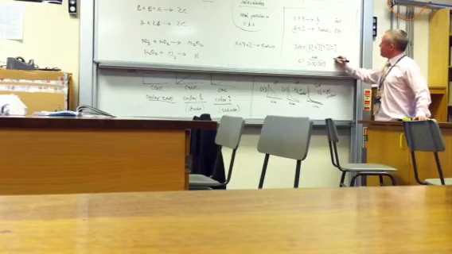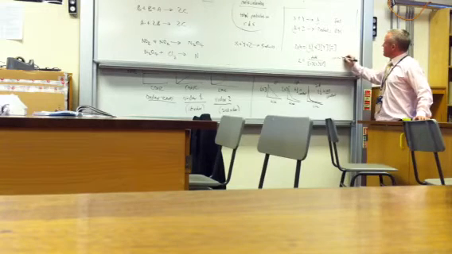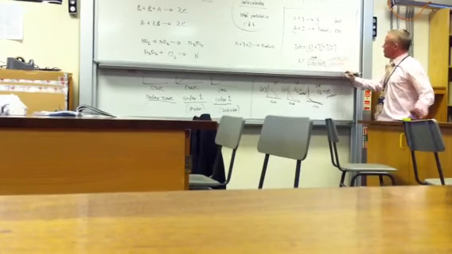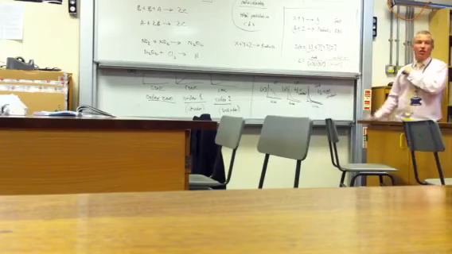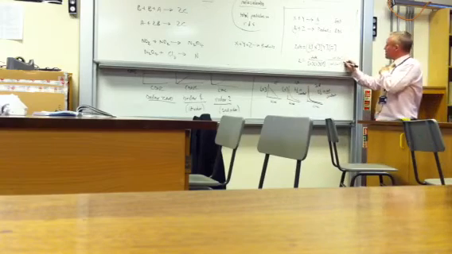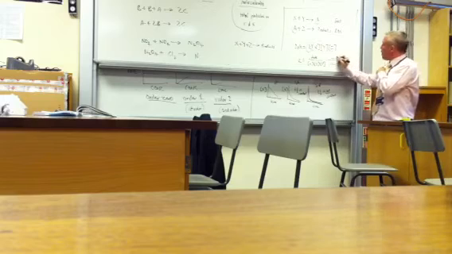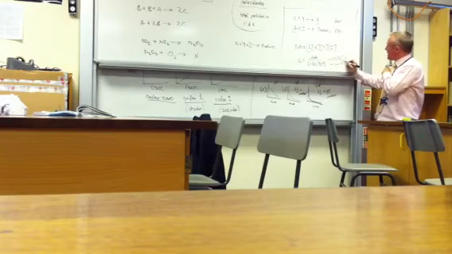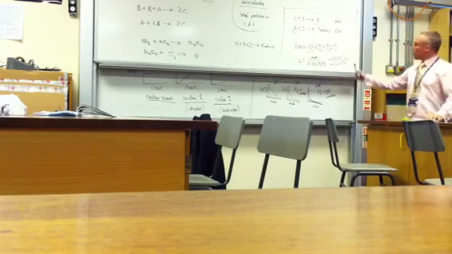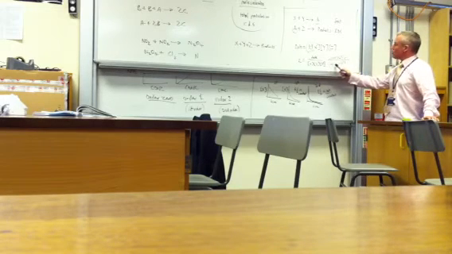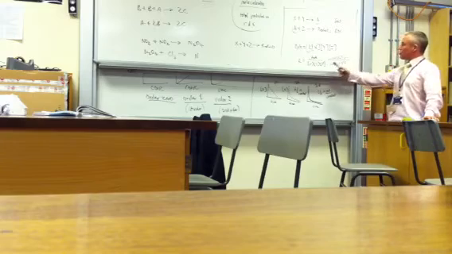Take all of the units, put all the units together and then cancel stuff out. Exactly. What I've got on the bottom here is moles per decimeter cubed, 3 concentrations, and that's cubed. I've got one of those on top, so I can cancel one on the bottom. I end up with seconds to the minus 1 on the top, and on the bottom moles per decimeter cubed all squared.